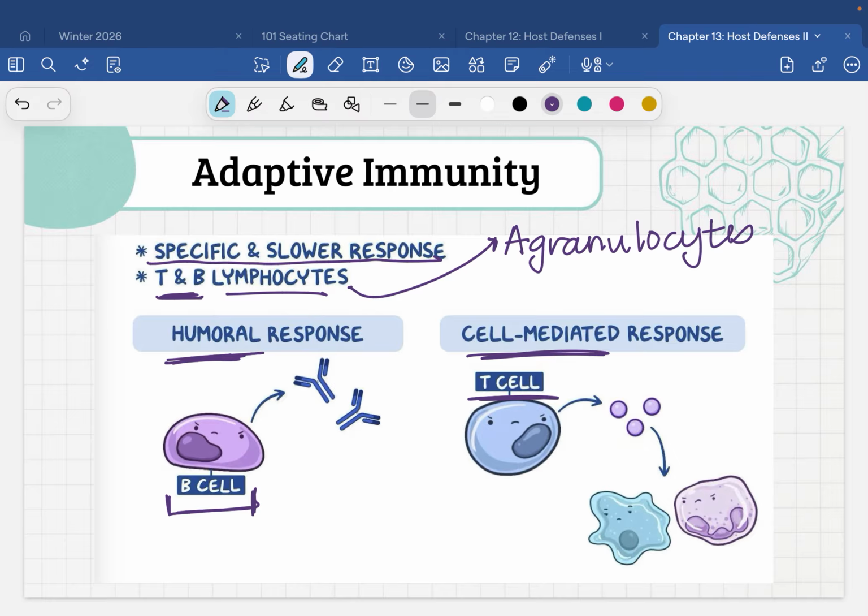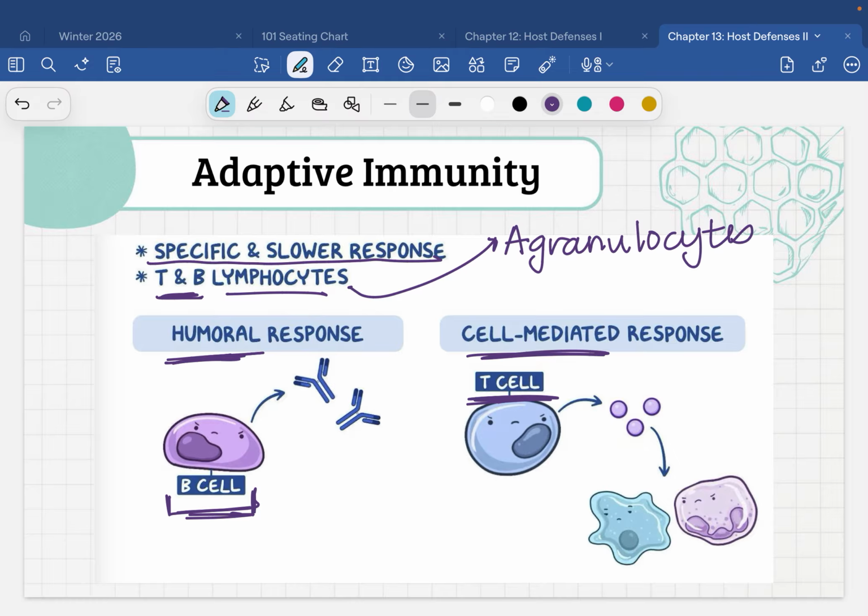Now, again, remember, both of these are part of the adaptive immune system, but they're controlled by different types of cells. The humoral side is going to be controlled by B cells, and the cell-mediated side is going to be controlled by T cells. Now, again, I'm going to tell you what the overall purpose of each side is, and then we're going to talk about each step. So again, you got to stick with me, okay?